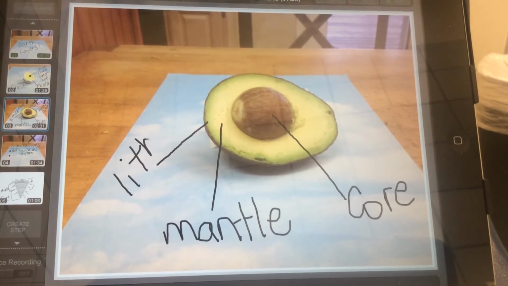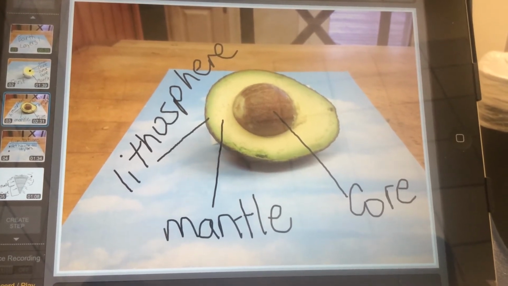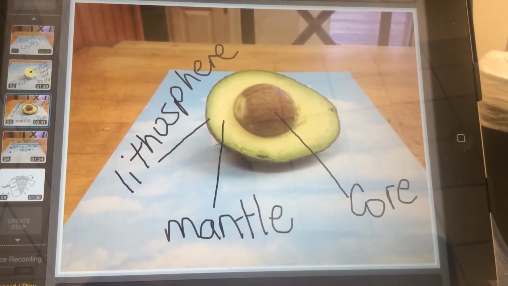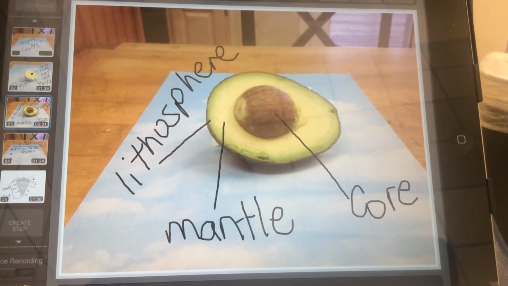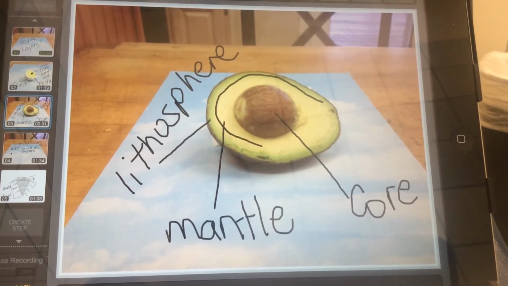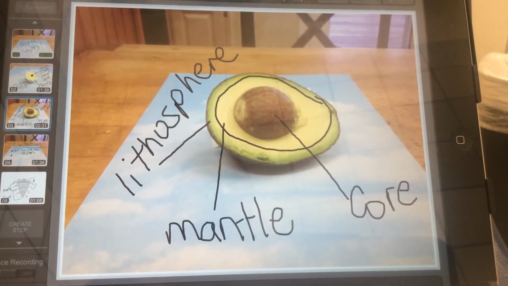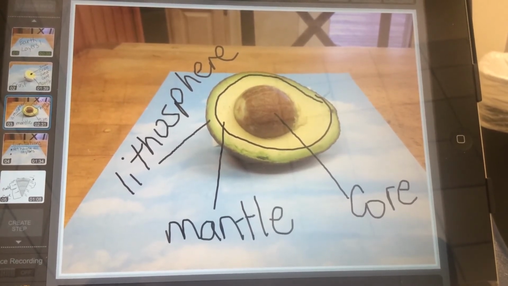And remember, the lithosphere is the part that can move. That's where our plates are, our tectonic plates. And also, if you wanted to add another layer in here underneath the lithosphere, that's part of the mantle, the upper part of the mantle, you could call that the asthenosphere.